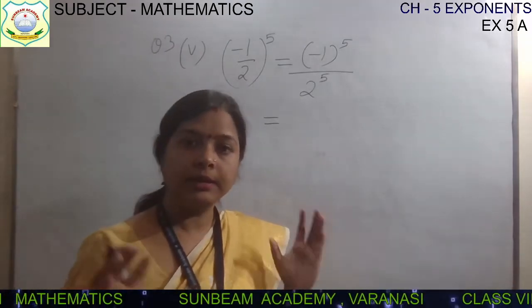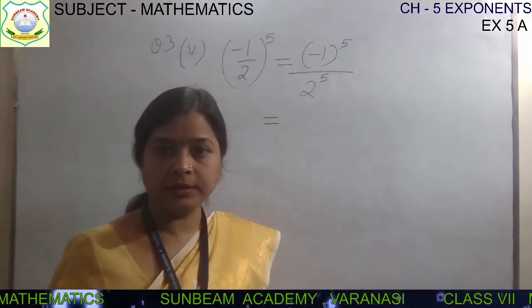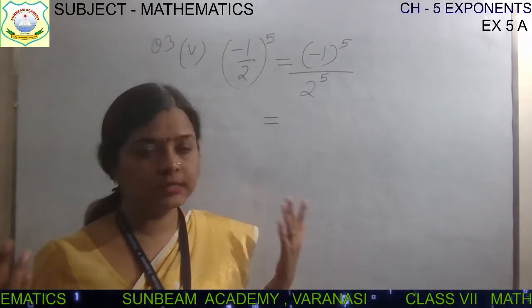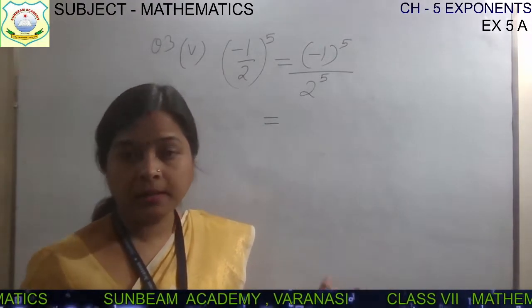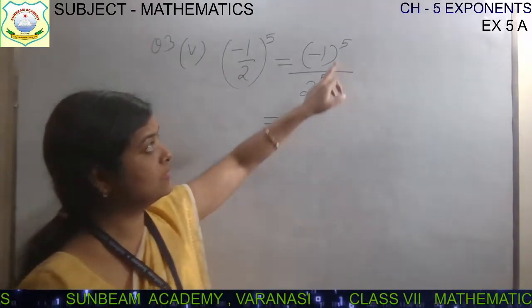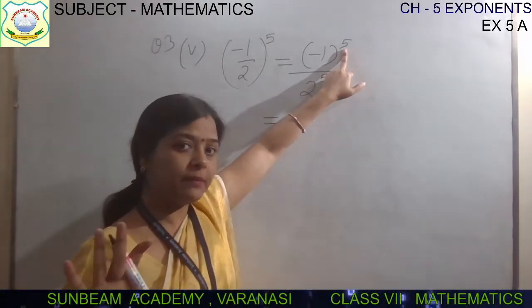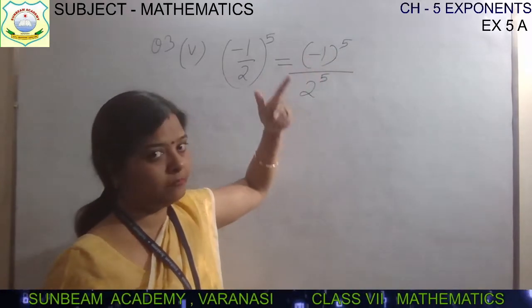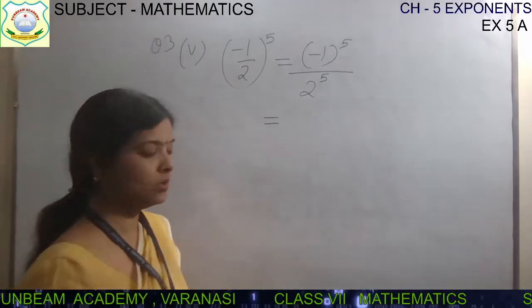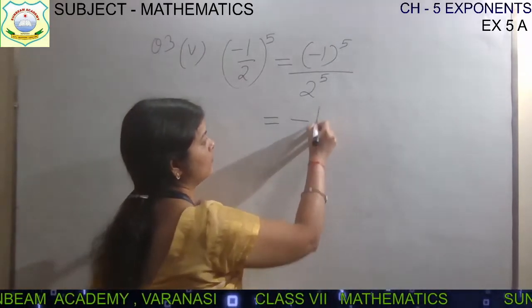Minus 1 into minus 1 into minus 1 into minus 1 into minus 1. 5 बार वो आपस में multiply होगा. Answer will be 1 always in number. But what about sign? Sign will be negative. You can see the power is 5. 5 times this negative sign will come. 4 times it will get cancelled with each other. Only one sign will be left. So the answer will be negative.